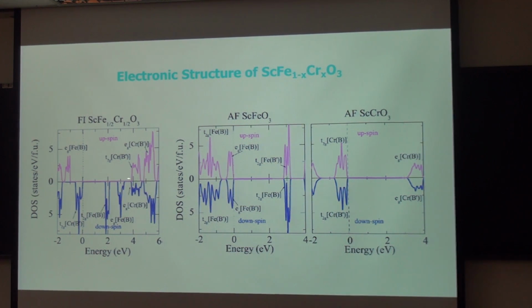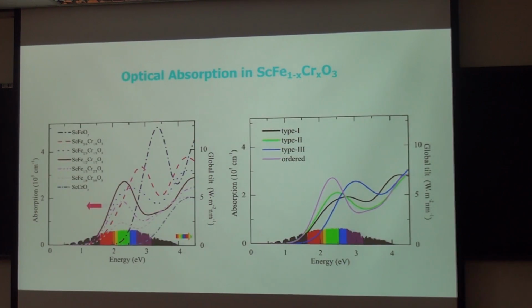In addition, we can find the electronic states near the band gap are spin polarized. Therefore, it provides a chance that when a photon is absorbed, the excited electrons and holes are fully spin polarized.